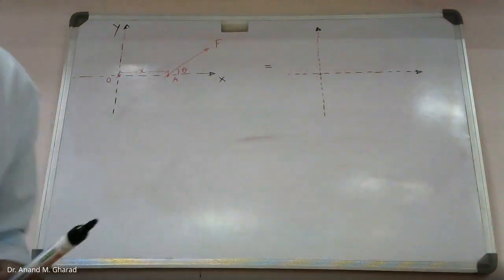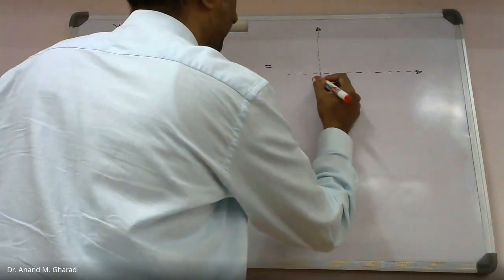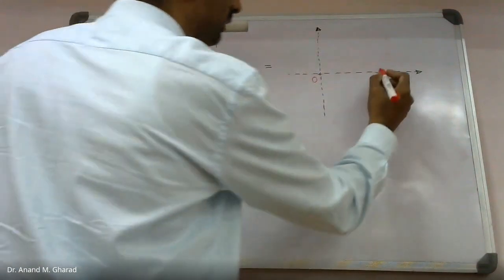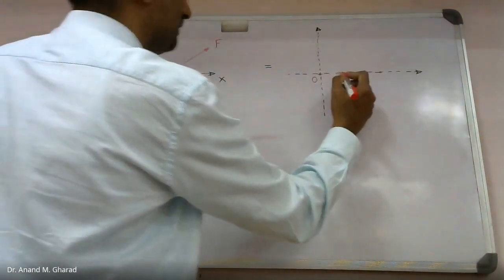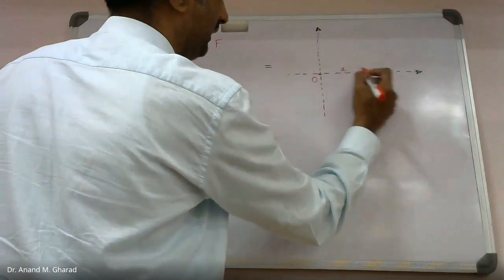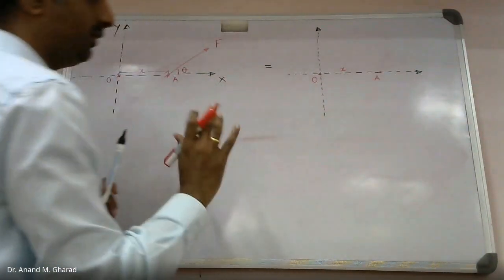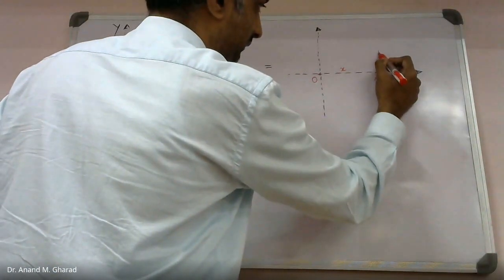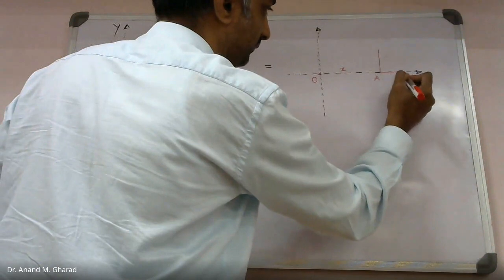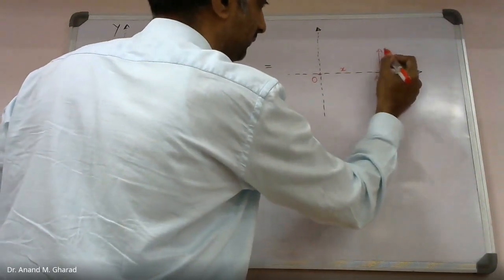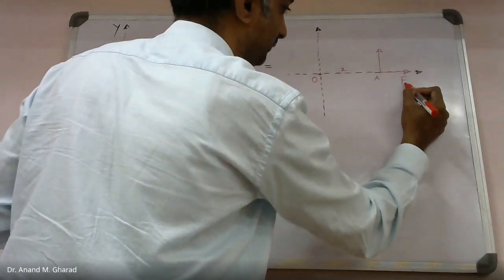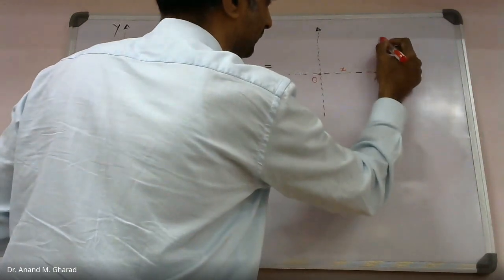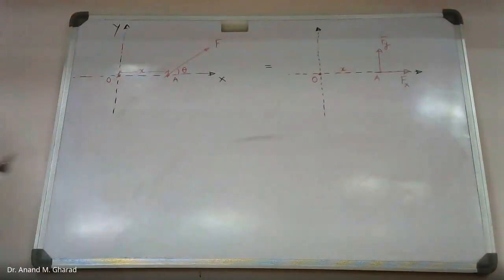Okay, so what I have done, I am assuming the same point O, and at this point A, which is at a distance of x from O, I am representing this inclined force in this manner. Is this okay? Yes, sir.